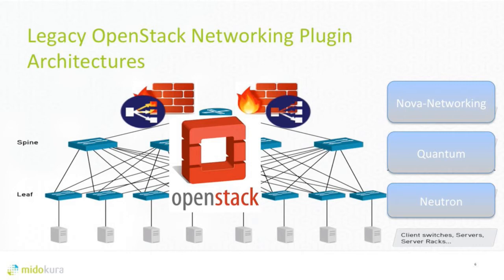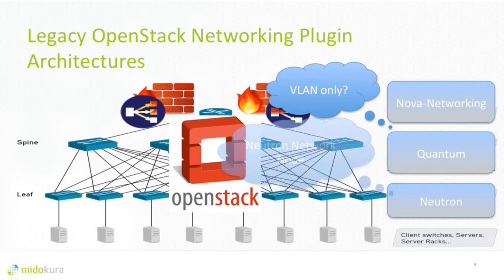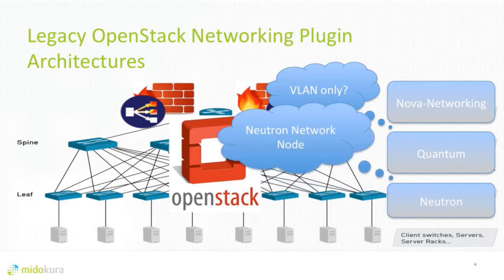Then Quantum and Neutron came about, so Nova networking dealt with the VLANs, and Quantum and Neutron were architected early on. They did have single points of failure in their architecture, specifically the Neutron network node, to achieve higher layer services like layer 3 routing, iptables for security groups, et cetera.